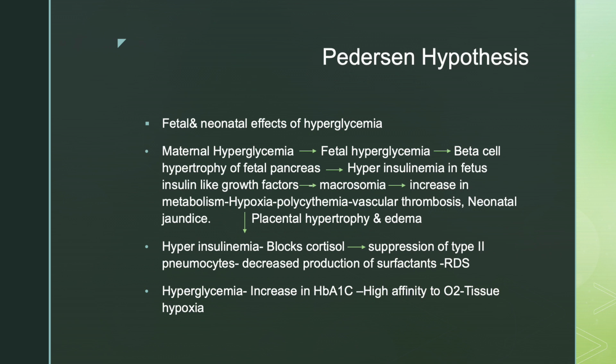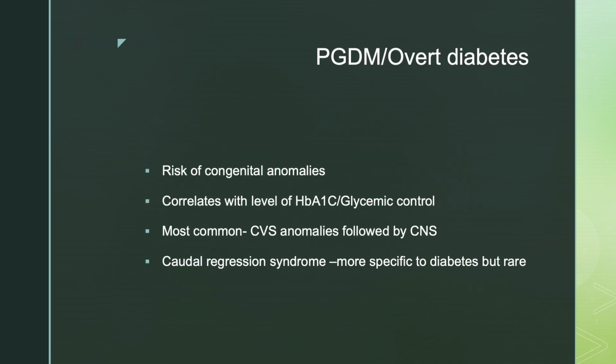After delivery, when the cord is clamped, the maternal source of glucose is cut off, and since there is hyperinsulinemia, the infant will go into hypoglycemia, which may even result in neonatal death. In patients who have pre-gestational diabetes or overt diabetes, there is an additional common risk of congenital anomalies of the fetus.